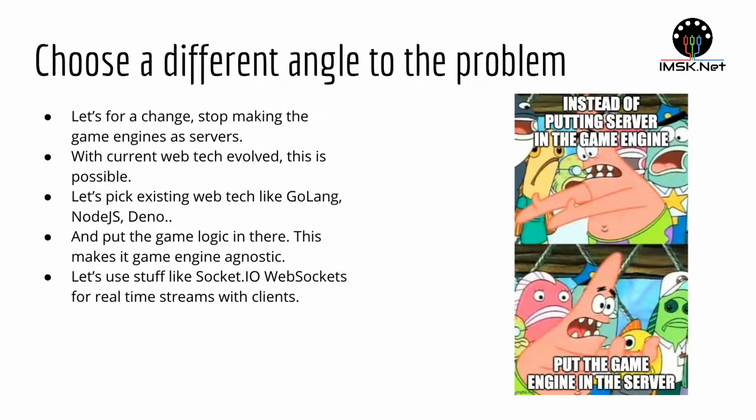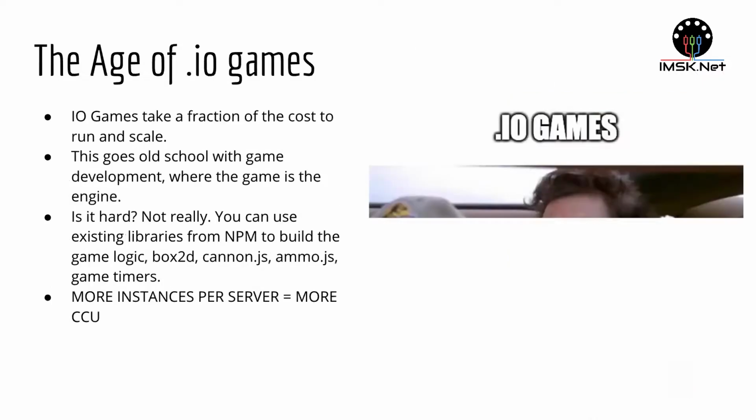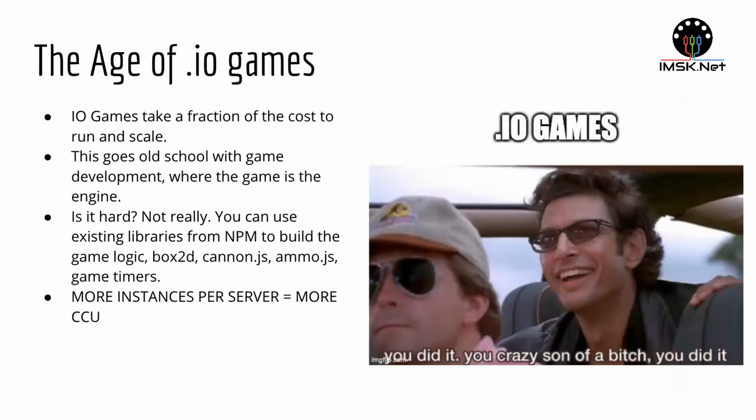If any of you have played .io games, they've been incredibly popular in the last few years. In the last 5 to 6 years, a lot of IO games have been happening. So, the age of IO games. IO games take a fraction of the cost to run.